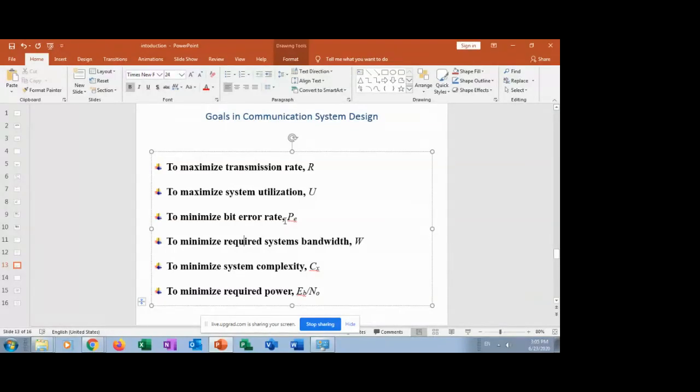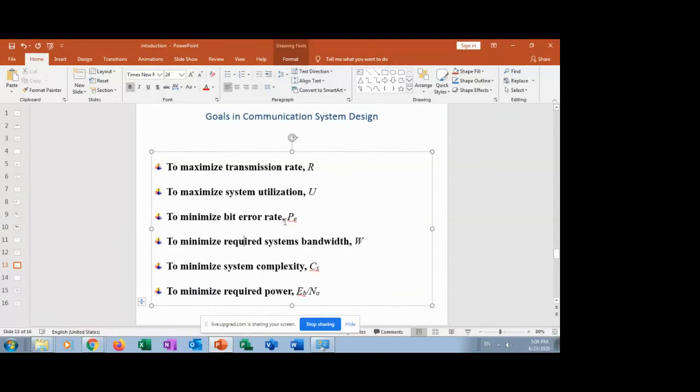Our data was 101, and at the receiver side we received 100, so the third bit differs. At the transmitter side we have 101, but at the receiver side we received 100, so one bit is different. So what is the bit error probability here? Out of 3 bits we received 1 bit wrong. That is the error probability that we can calculate, which is the bit error probability, or the bit error rate.